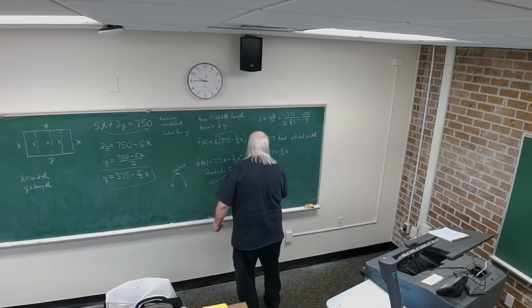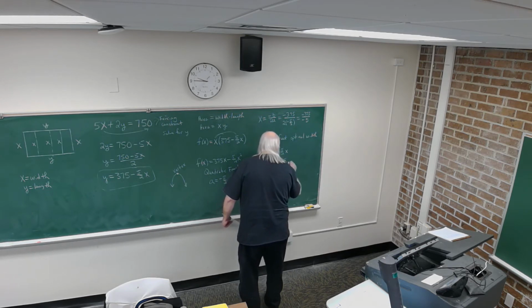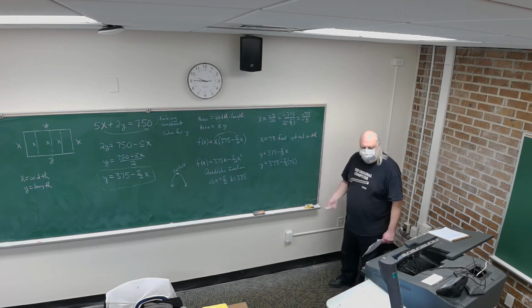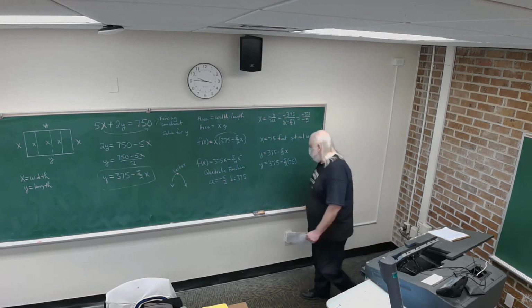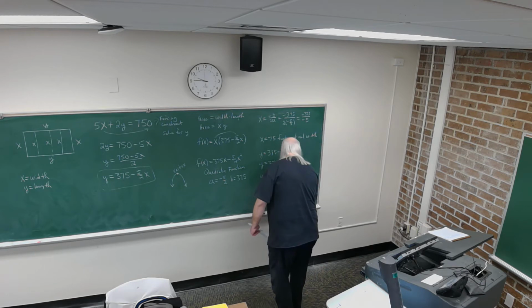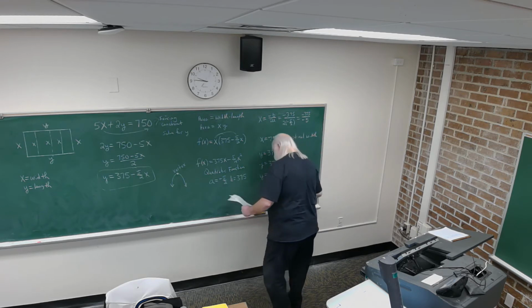So y is equal to 375 minus 5 halves times 75. And when you do PEMDAS, right, order of operations, you get the optimal length is 187.5 feet. That's the optimal length. Okay.